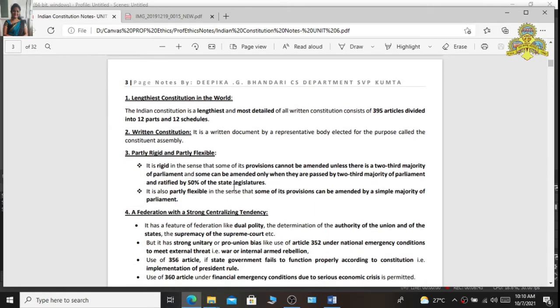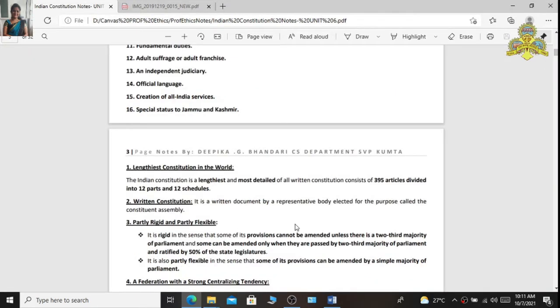First, we'll see the lengthiest constitution in the world. The first feature is that our constitution is the lengthiest constitution in the world.